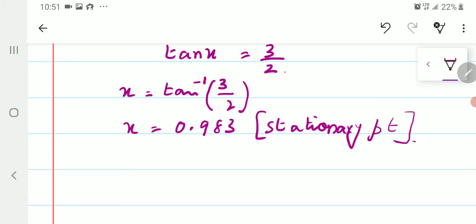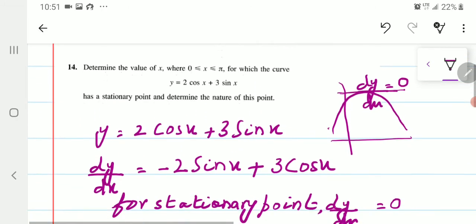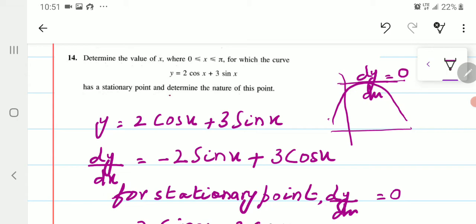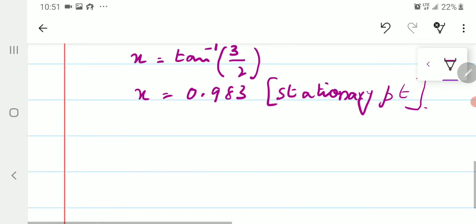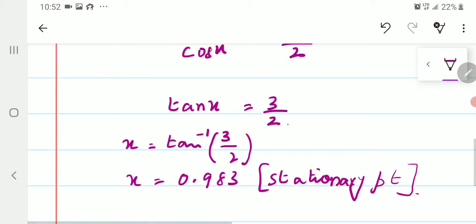Now I have to check whether this stationary point is maximum or minimum, because in the second part of the question it is written: determine the nature of this point. To determine the nature of this point, what do I have to do? I have to find the second derivative of the differentiated value.